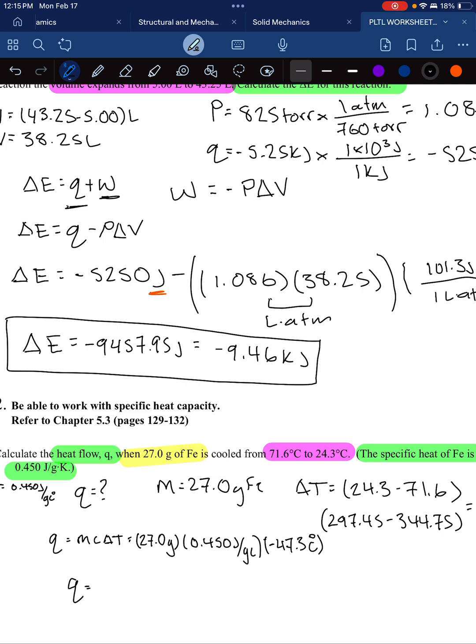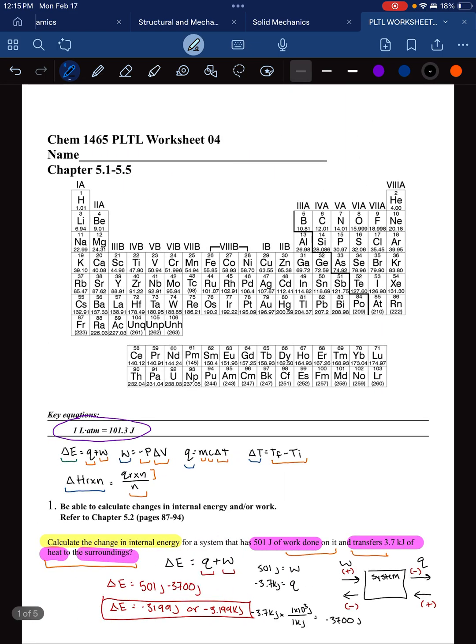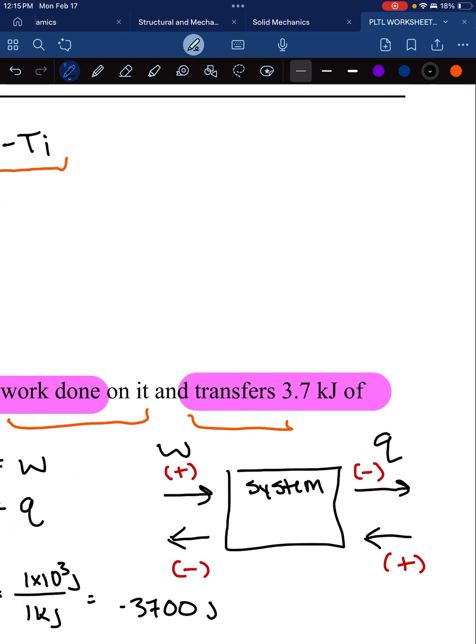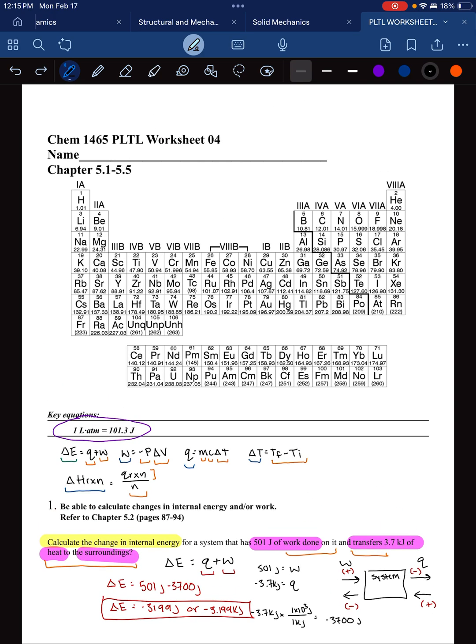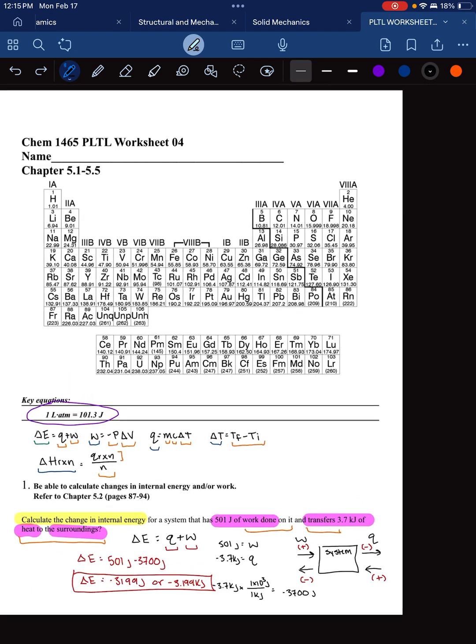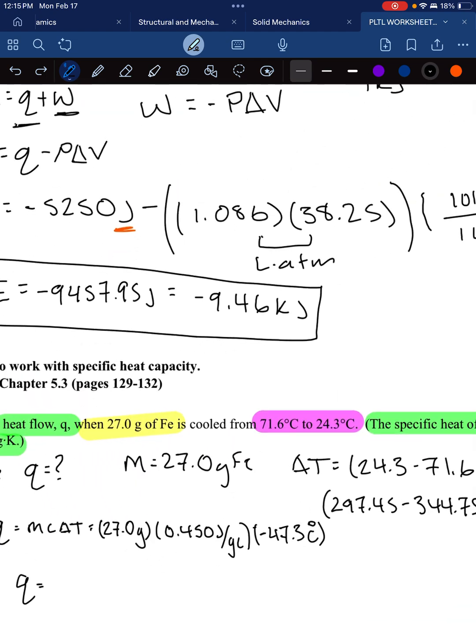And when a system is giving out heat, it's going to be negative heat flow. Okay, so let me put this in the calculator. You can look at this as well: a system giving out heat or cooling down, the sign was negative. This is actually a pretty good little diagram. I would keep it handy.